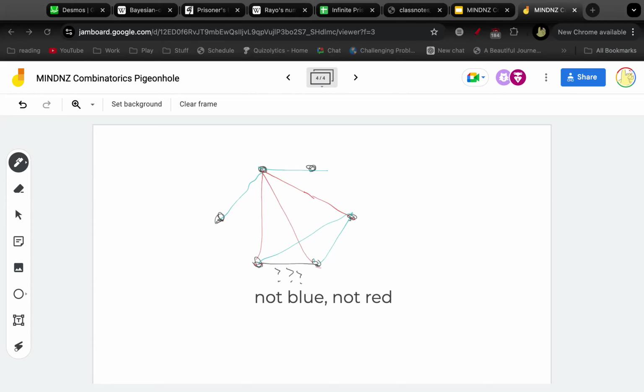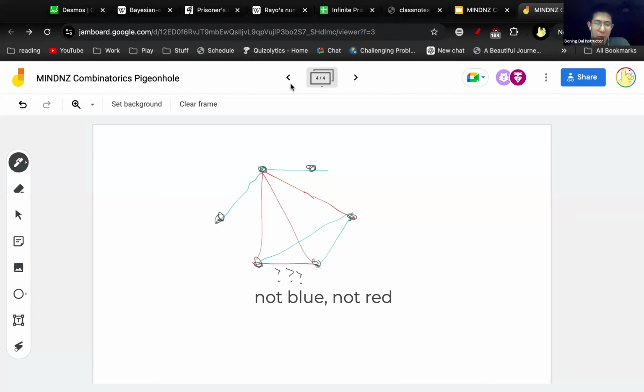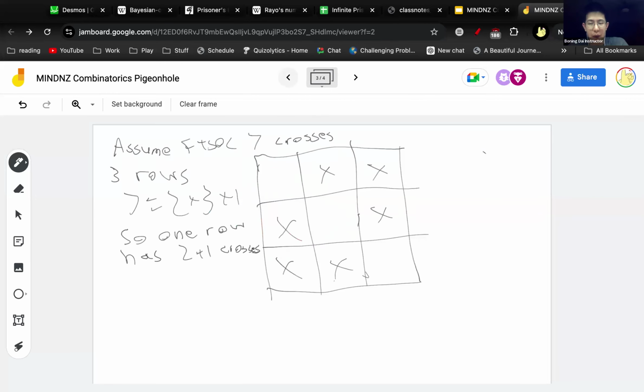Okay, great. Oh wait, Lily asked me a question. I didn't reply. How do you know you should use proof by contradiction? That was from problem 3, right? Okay, so we know that we should use proof by contradiction in this case because we know that the answer is 6, right?